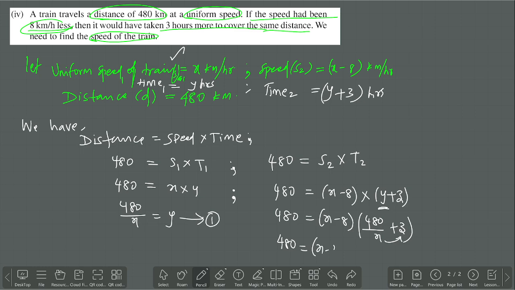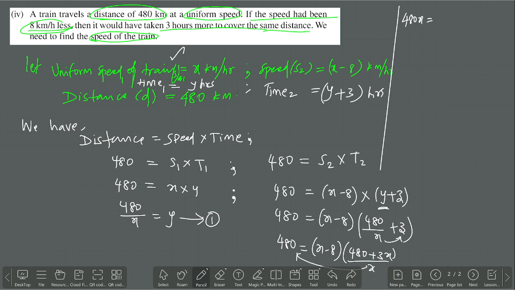Now x minus 8 into 480, x into 3, 3x, the whole divided by x. The x is common for both terms. Then when you send the divide by x to the opposite side, it will multiply with 480. Am I right or wrong, my dear?